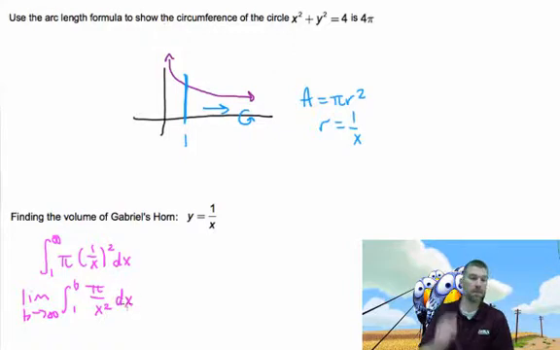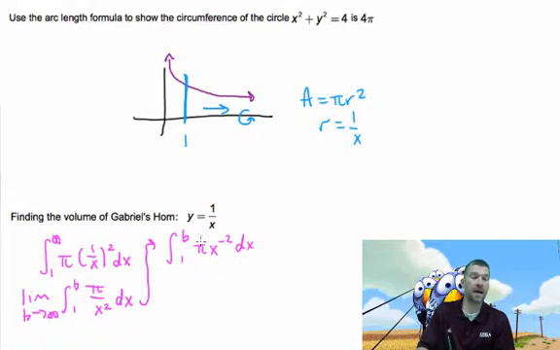dx. Okay? So when you integrate this, remember this is actually x to the negative 2. So this is like saying that we're integrating from 1 to b, pi times x to the negative 2. So when I integrate that, I add 1 and divide by that new number. That's going to get me negative pi over x.